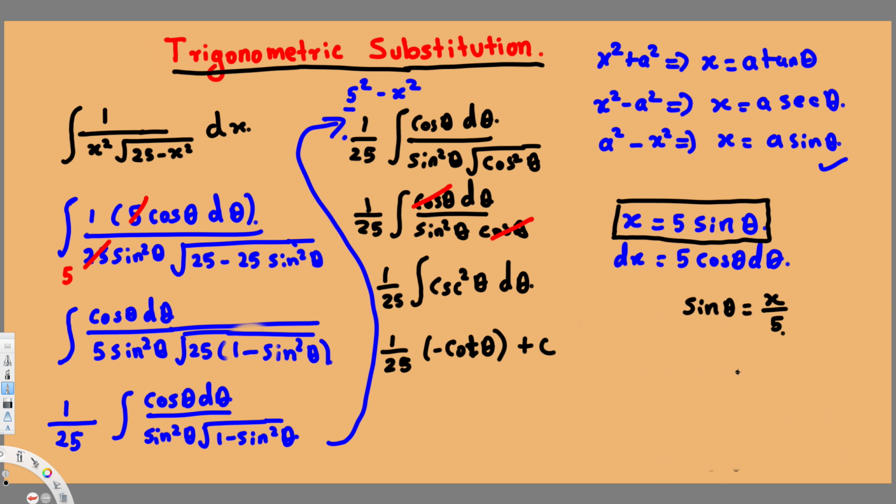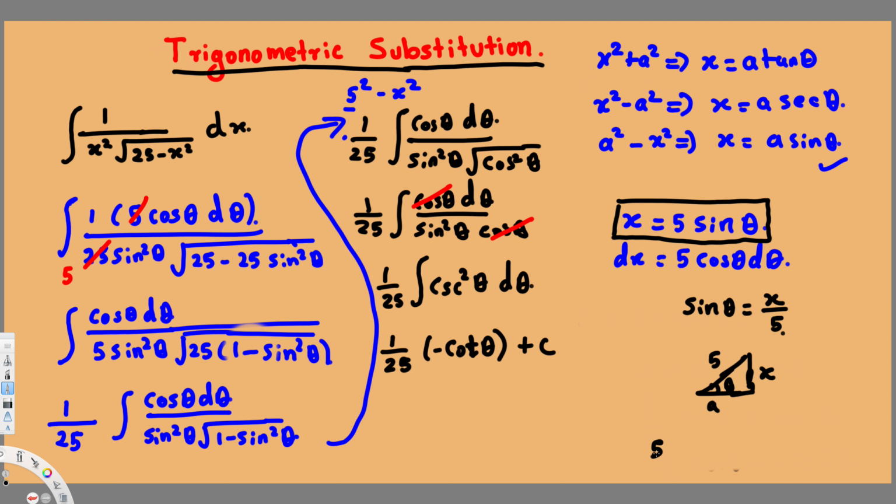Then we have to draw a right angle triangle, and if you put a theta right here, we know that sine theta is opposite over hypotenuse. So opposite right here is going to be x, and hypotenuse right here is going to be 5, right? And if you want to find this missing side, let's say this is a, we have to use the Pythagorean theorem.